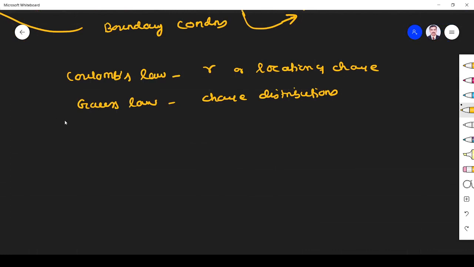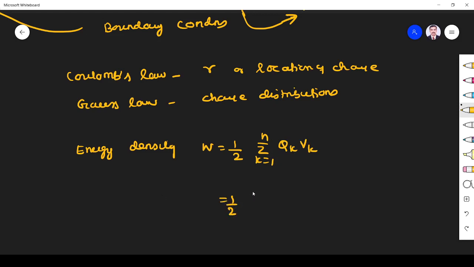Next thing we have to remember in electrostatics is energy density. How much energy per unit volume? That is given by W is equal to 1 by 2 summation k goes from 1 to N of Qk Vk, which is equal to 1 by 2 integral of D dot E dV.